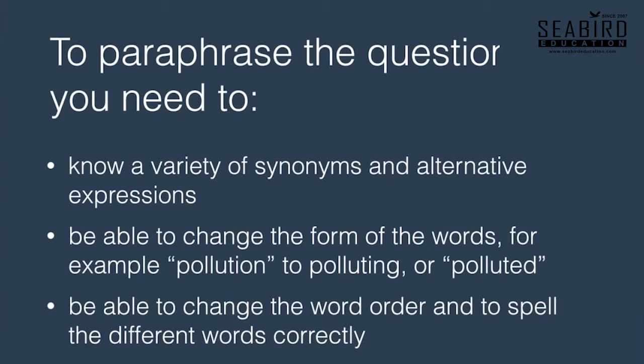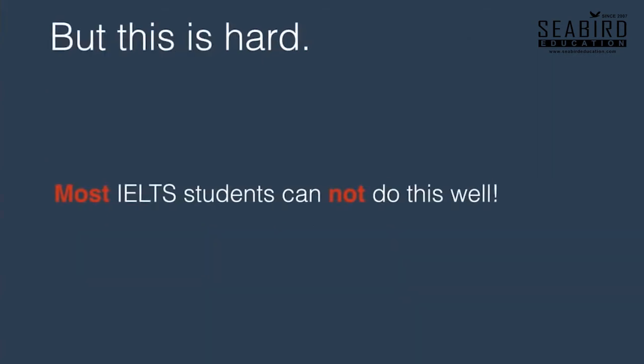You have to be able to change the form of the words. For example, if the question says pollution, maybe you can write polluting or polluted. And you also have to be able to change the word order and to spell the different words correctly.